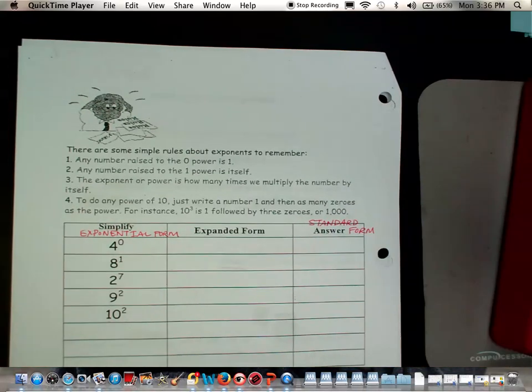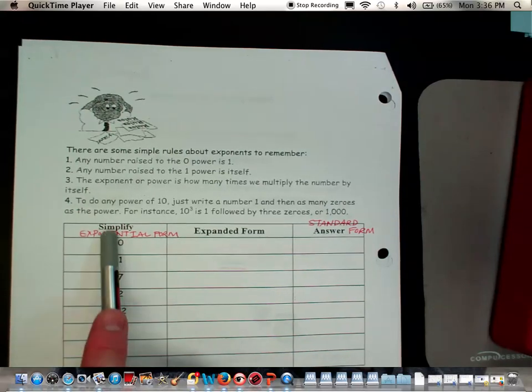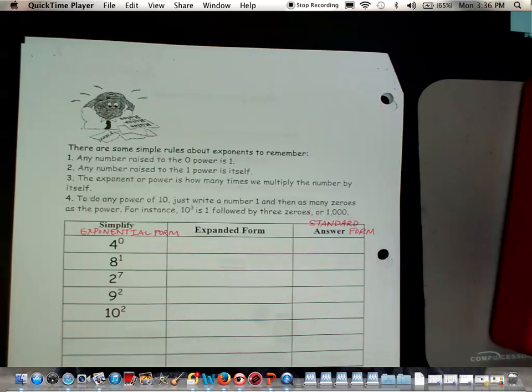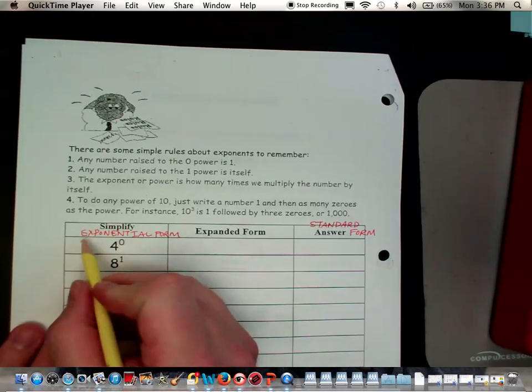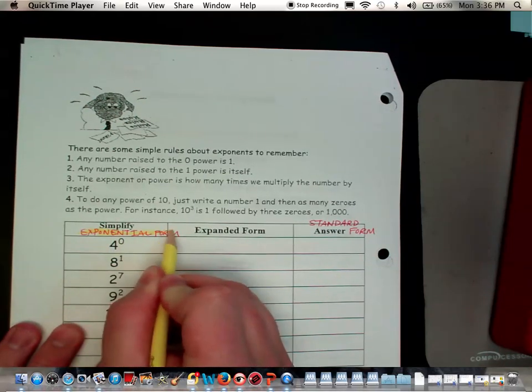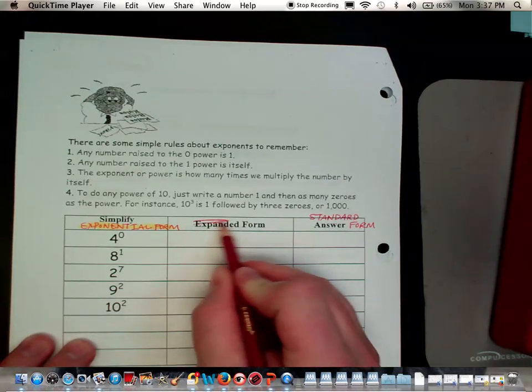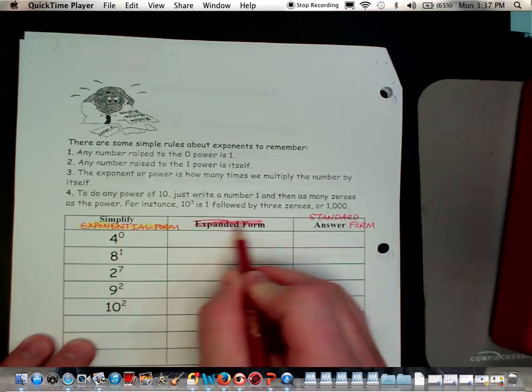Okay? So I'm going to call this my exponential form. Please write that in. Expanded form, it's already in there, and standard form. Alright. Now before we move on, I want to take my yellow and color in the exponential form as yellow. So I know that exponential form is yellow. I'm going to now take my red pen and color in, I know that this is expanded form.